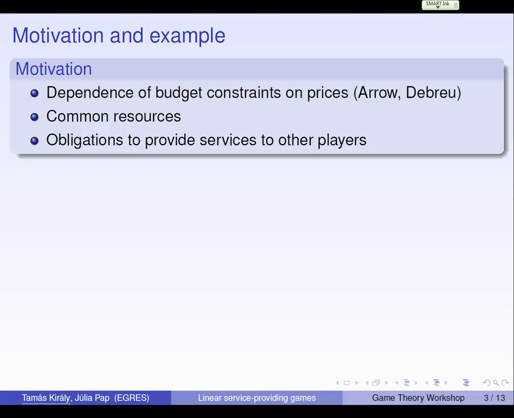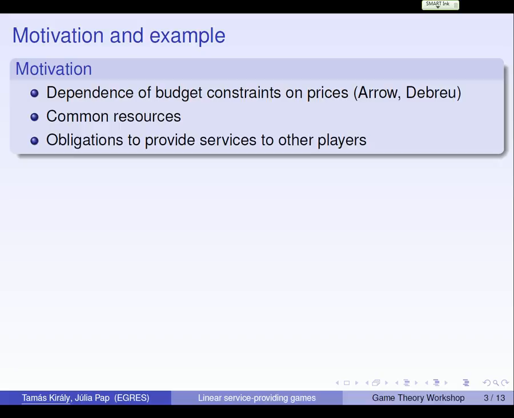Then the consumption players have budget constraints, but those budget constraints actually depend on the prices, which are set by the market player. So the feasible solutions of one player depend on the strategies of another player.